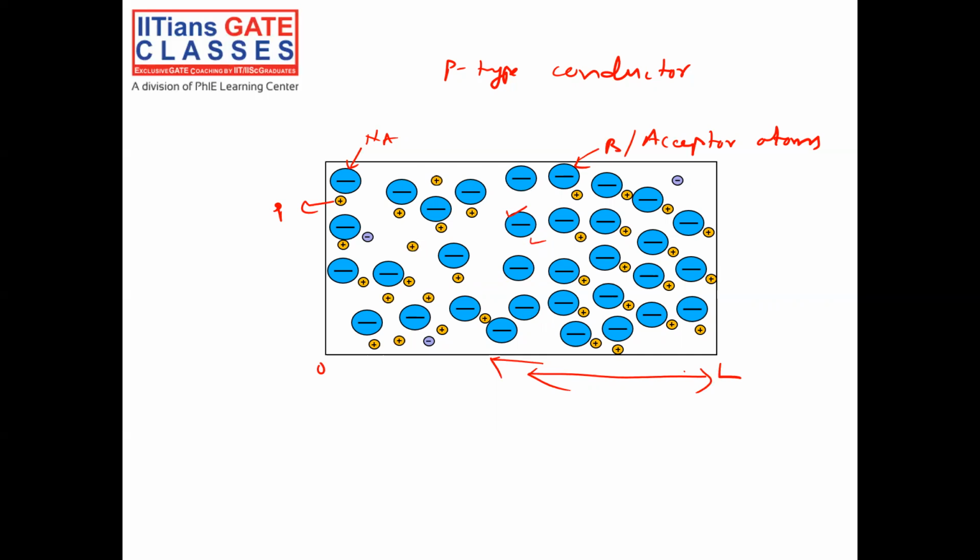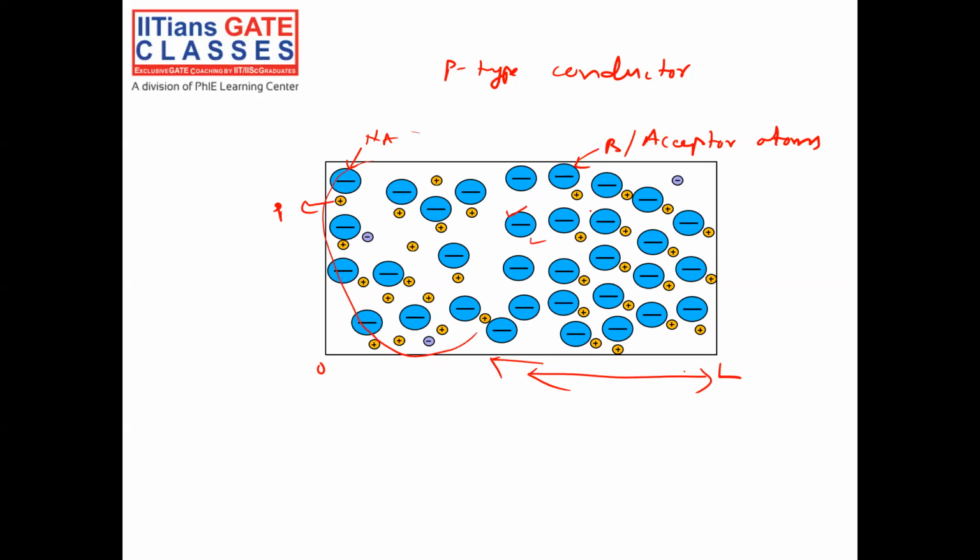So when the holes move, before it was electrically neutral in this region, because for every bounded acceptor atom there is a hole. After it moved, you could see in this region there is net negative charge, and in this region there is net positive charge.